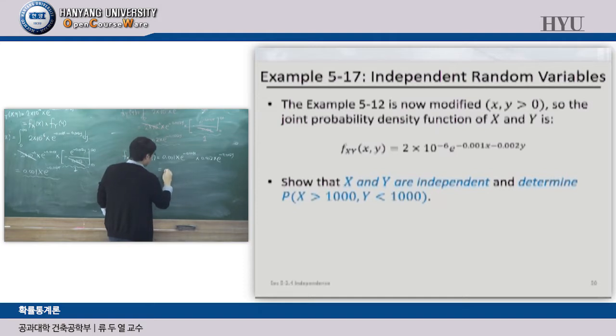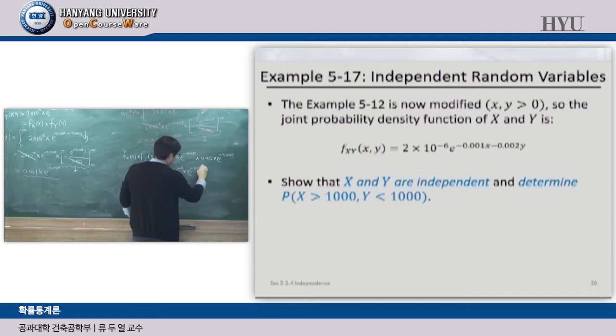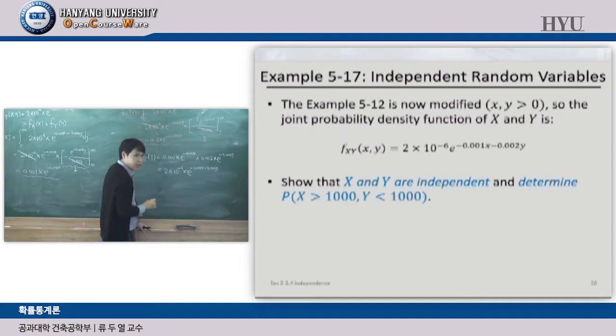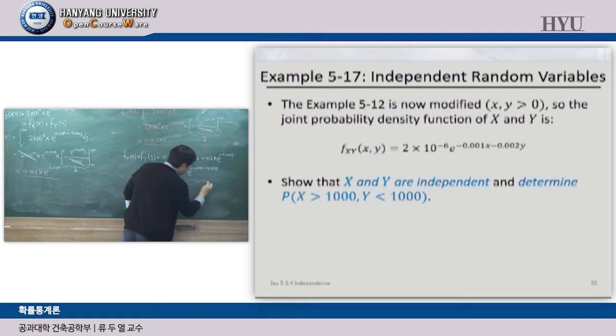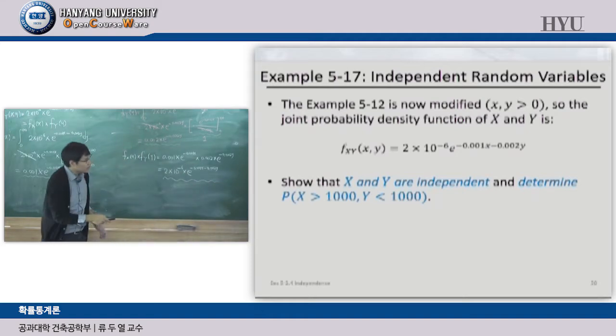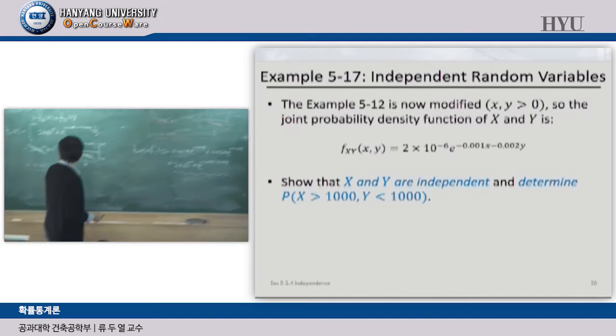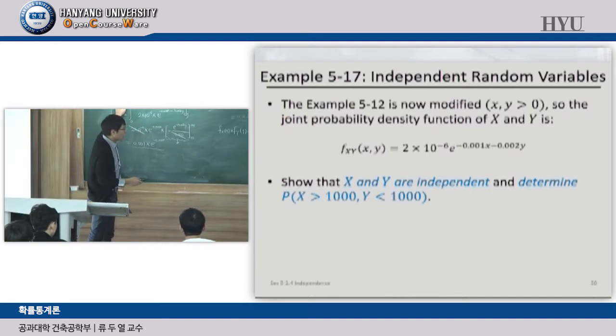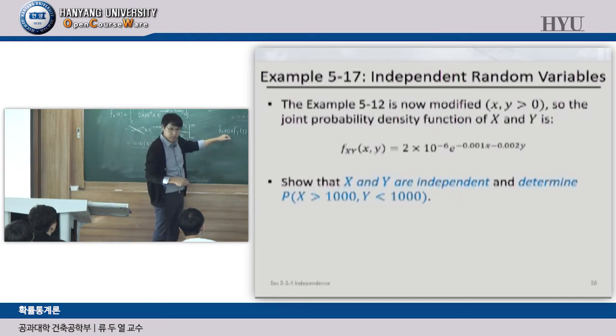That is equal to 2 times 10 to the minus 6 power times exponential minus 0.001x minus 0.002y. So we verify that this equation is independent. Okay? The random variables x and y are independent, because the joint probability density function is equal to the multiplication of each marginal probability density function.